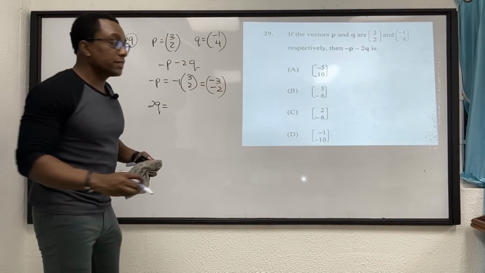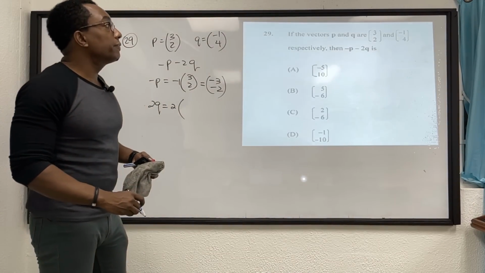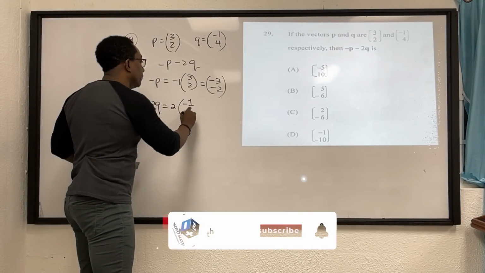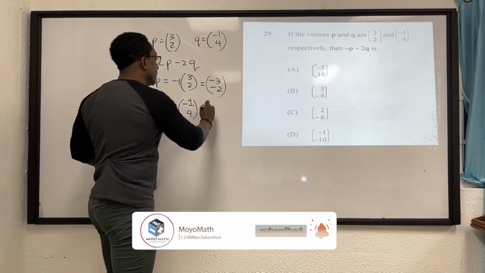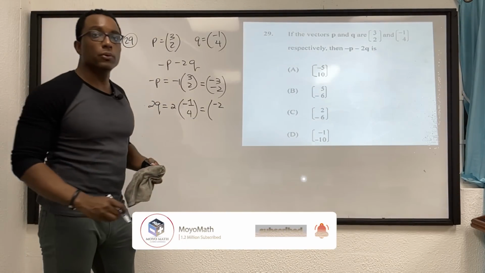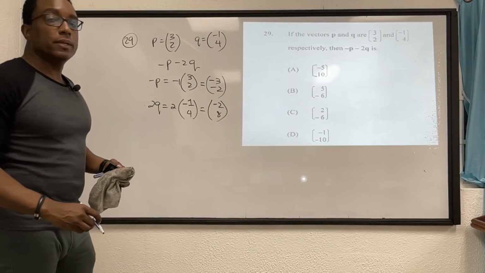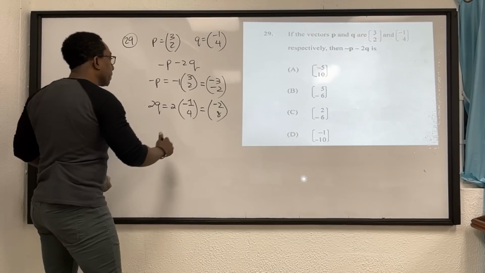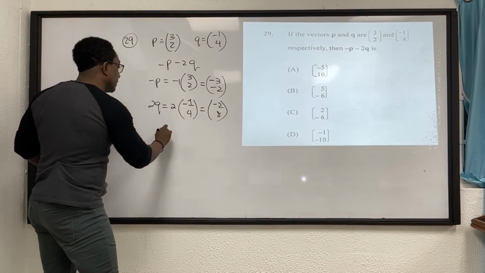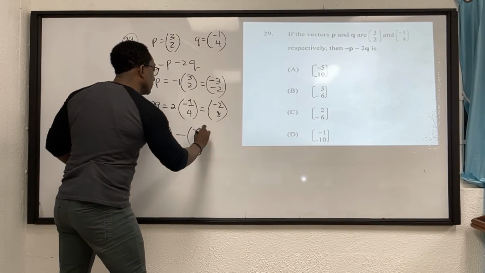Let's work out 2Q. This is simply to multiply 2 by the column vector Q, which is (-1, 4). We multiply that scalar 2 by negative 1, which is negative 2, and 2 by 4 is 8. Having found negative P and 2Q, let us now subtract them. So this will be (-3, -2) subtract (-2, 8).